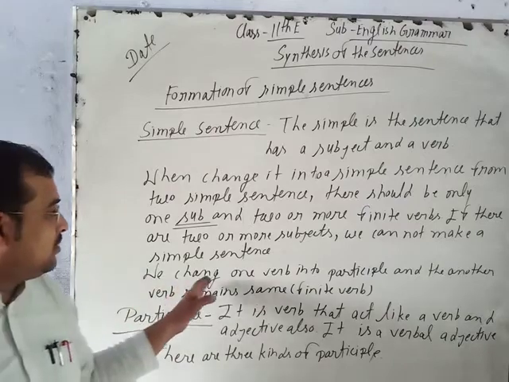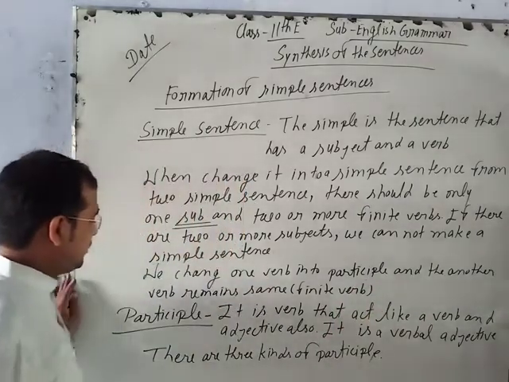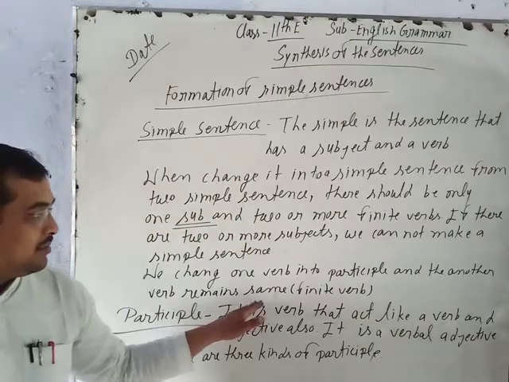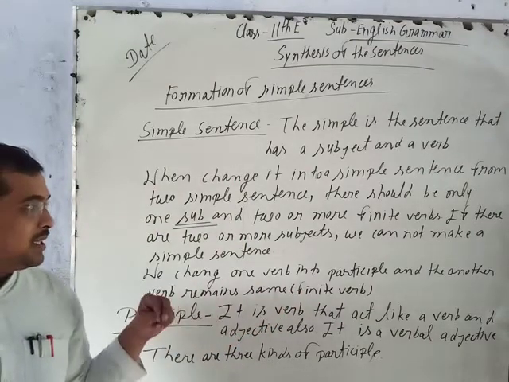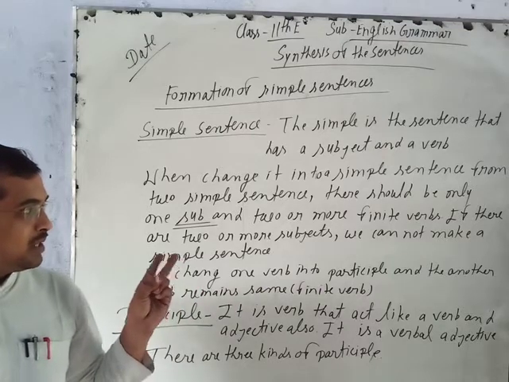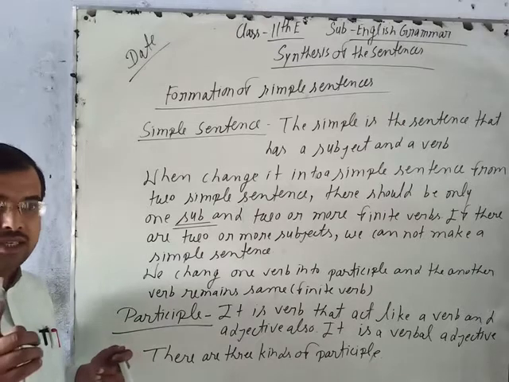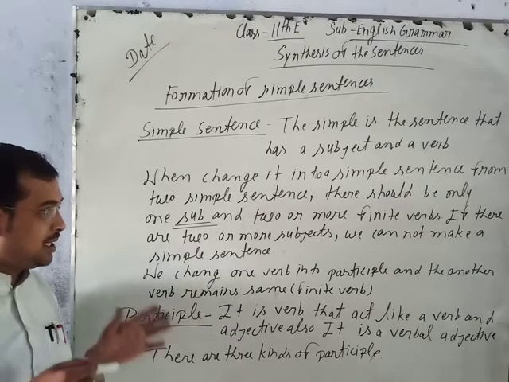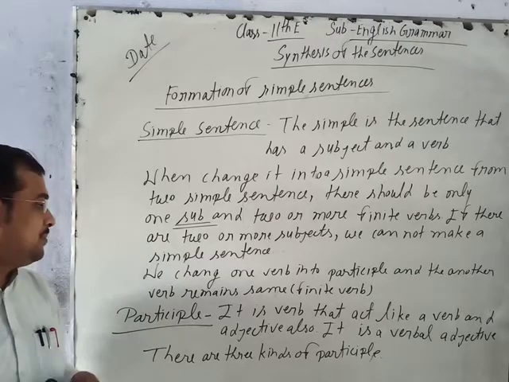We change one verb into a participle and the other verb remains the same as a finite verb. There should be two verbs in the sentence, and we convert one verb into a participle, and the second remains as it is.